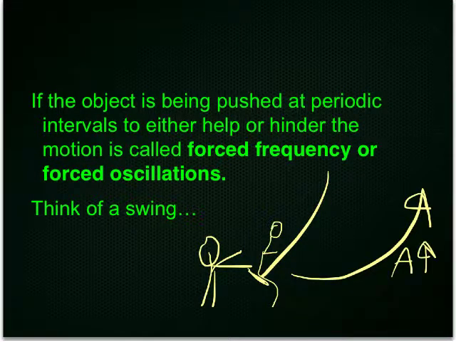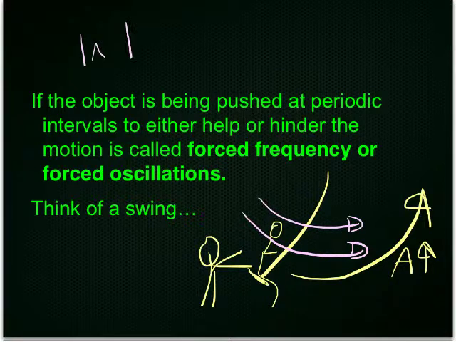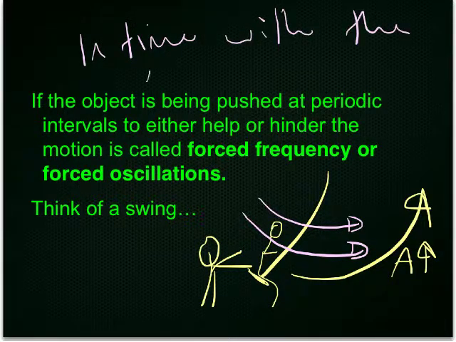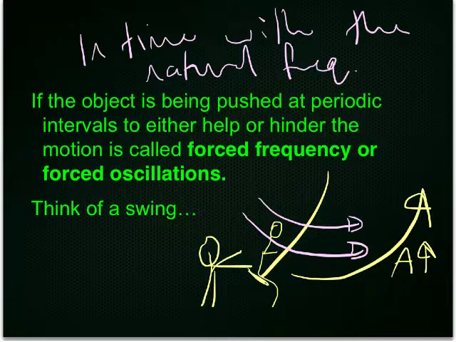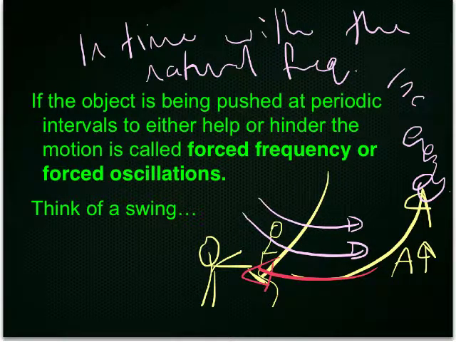Now, if you think about this, you only really push when the object is in the downward cycle. So you're actually pushing in time with the natural frequency. And if you do that, it will increase energy. However, if you pushed as the thing was coming towards you, you will reduce the energy.